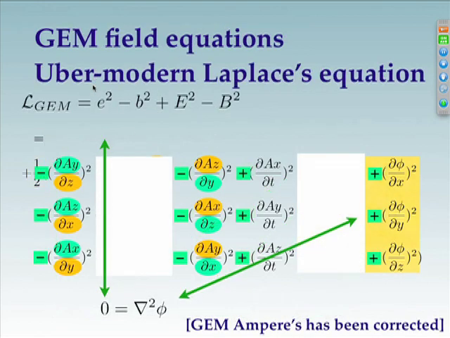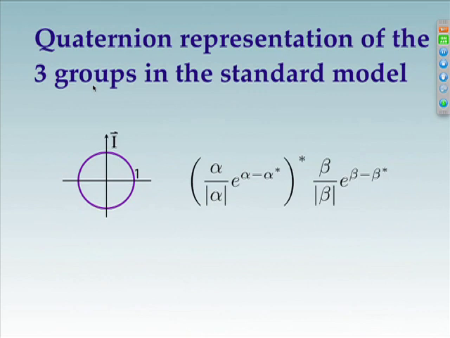Then I moved on to what's covered on the T-shirt. That would be the GEM field equations, and I call it an uber-modern Laplace's equation. So we're trying to do so much more than just say it's just this one thing going on. And the math is actually easy, which is kind of nice.